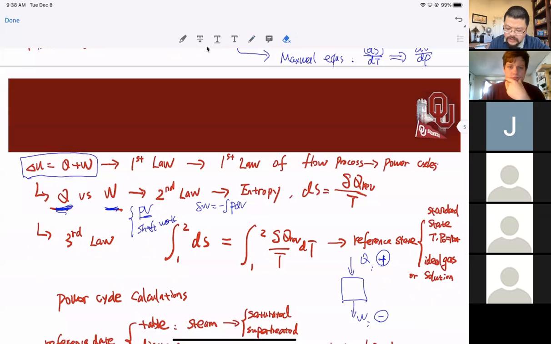Second law introduces the entropy, and the entropy definition is a little bit strange. Pay attention that we have this heat. Heat is a path function, so we use this small amount of heat, and we need to satisfy this is reversible. So now talking about the reversible, we have those requirements, right?